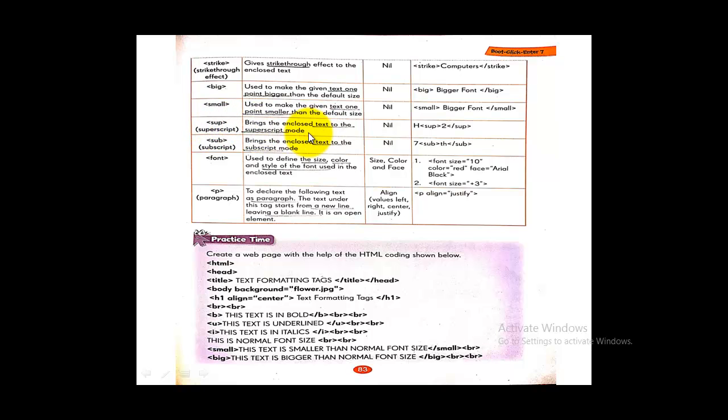Now sub brings the enclosed text to the subscript mode, and sup is the superscript, which brings the text to power form. Superscript is like power form, for example 2 in superscript.